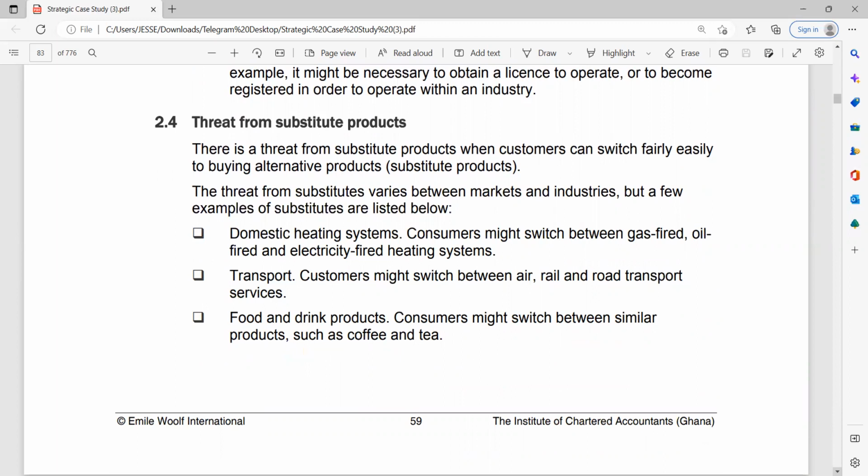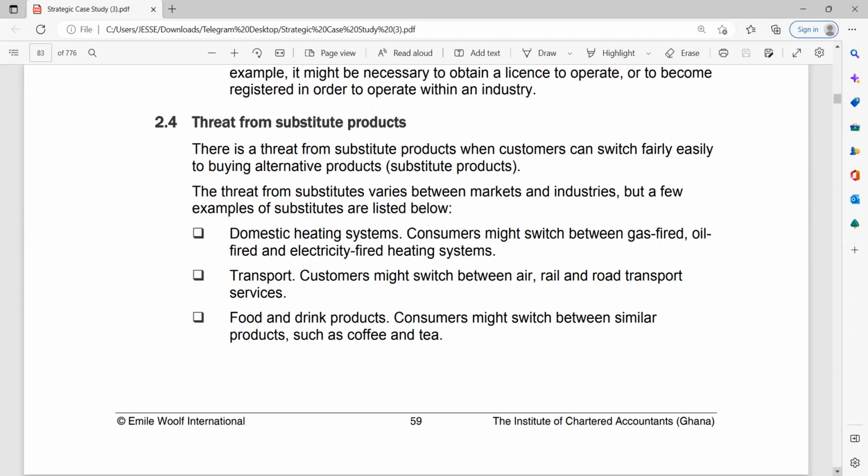Now let's talk about threats from substitute products. There's a threat from substitute products when customers can switch fairly easily to buy alternative products. When it's easy for a customer to switch to an alternate product, that's a threat. It can vary between markets and industries. These are a few examples.